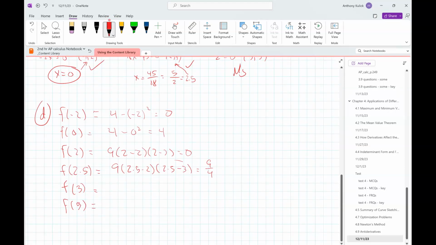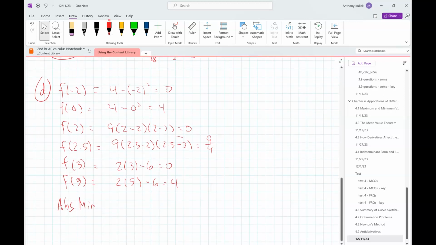And then if I do 3, that's 0. And if I do 5, that's 4. So if I look, my absolute minimum is at f of 2, which is 0, and f of 3, which is 0. So I have 2 absolute minima.